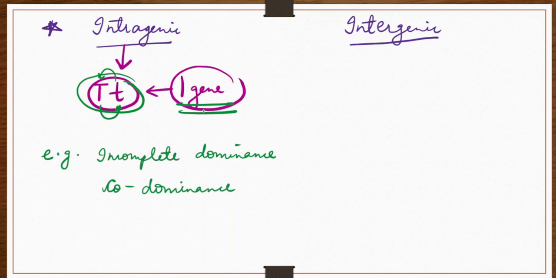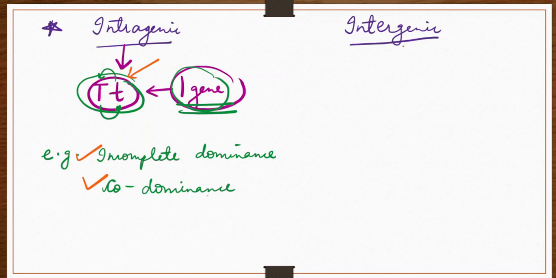Because these two alleles of the same gene were interacting among themselves, there was a cause known as intragenic interaction, and there were two deviations: incomplete dominance and codominance.